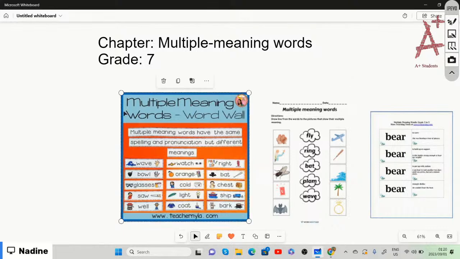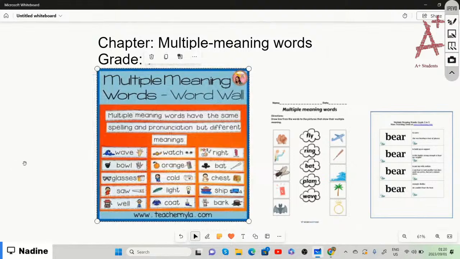And now, if we look at the little pictures that you see over there, they're giving us two different pictures of the word wave. The first wave is the waves at sea, right? That is the wave. And the other one shows a hand, right? That is waving.